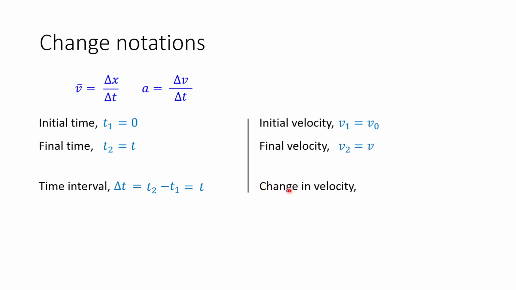So the change in velocity delta v is equal to v2 minus v1, which is v minus v0. Next, we substitute t for delta t also here and substitute v minus v0 for delta v.